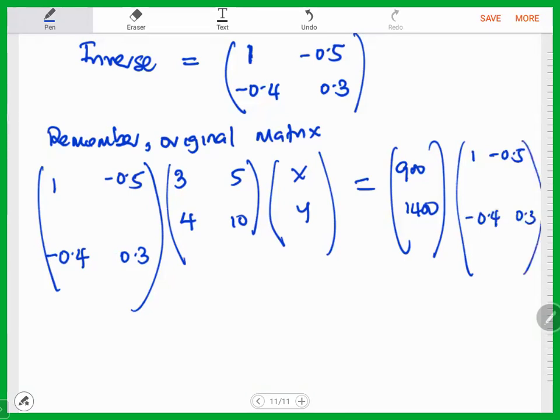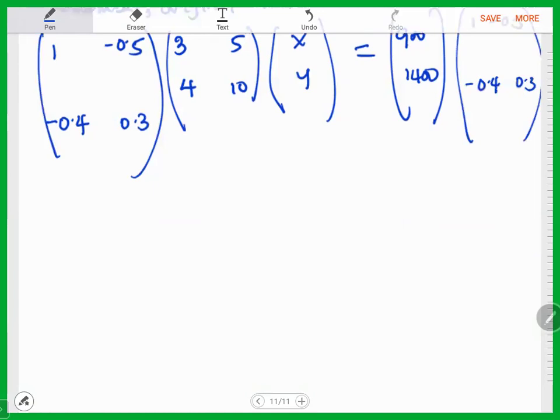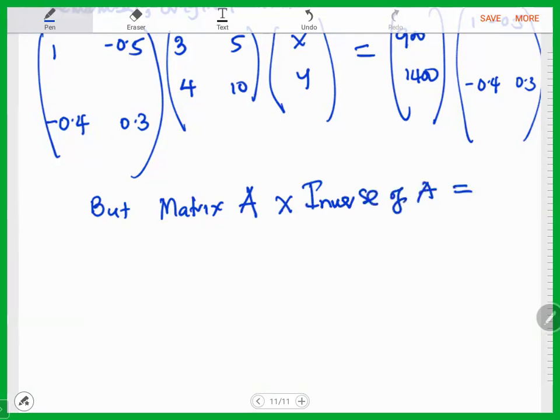But remember, when you have a matrix A times the inverse of A, that gives you a 1, meaning that A times A power negative 1 should give us a 1.